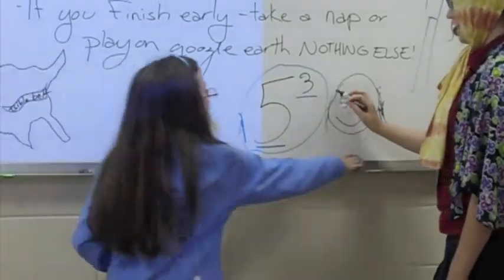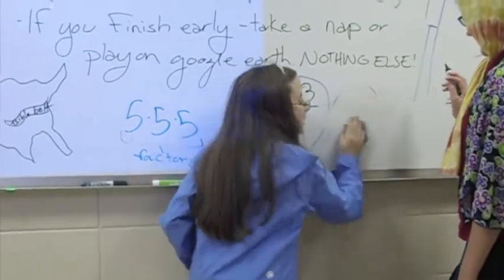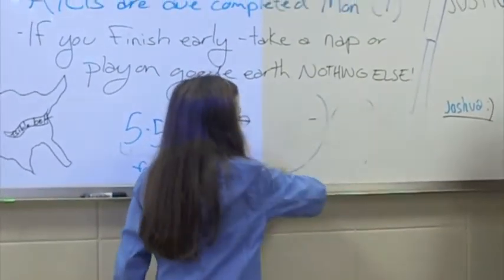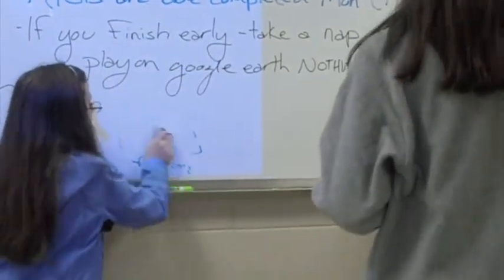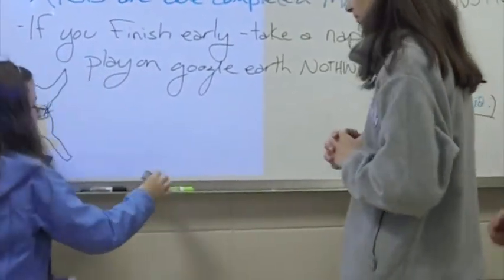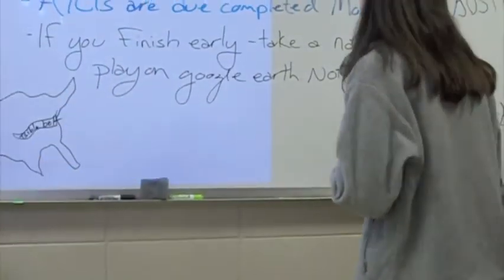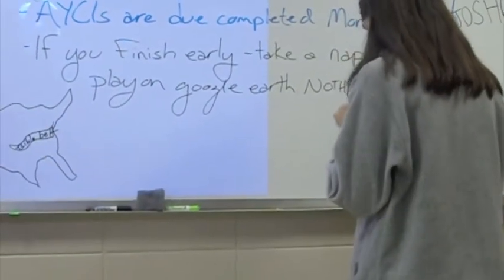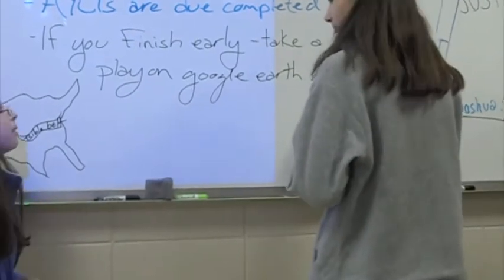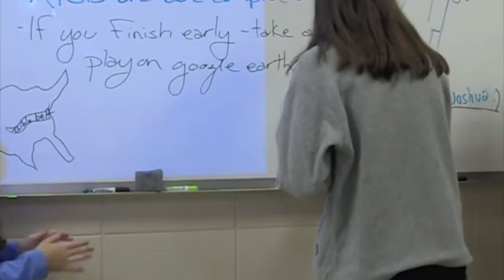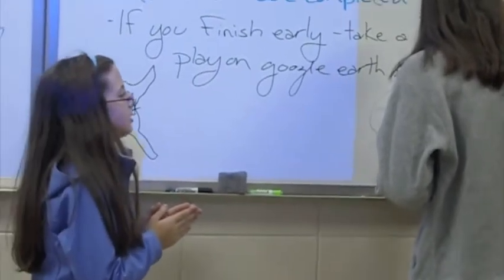Do you like my doodle? Since you seem to understand this, why don't you come up and do a problem? Okay, teacher, say something. Never mind, I'll do it. Let's say 6 to the power of 2. Okay, now stop that.